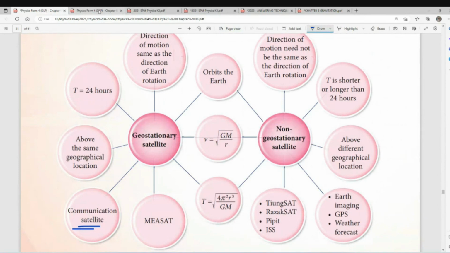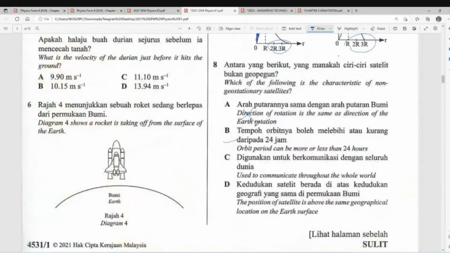Why must it be geostationary? So that the signal is always there. With a non-geostationary satellite, we have to wait for the signal to come back. So that's why answer C is wrong. And the position of the orbit being above the center is wrong, so that's why the answer is 1.